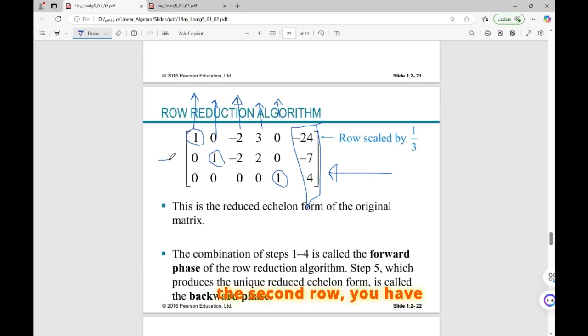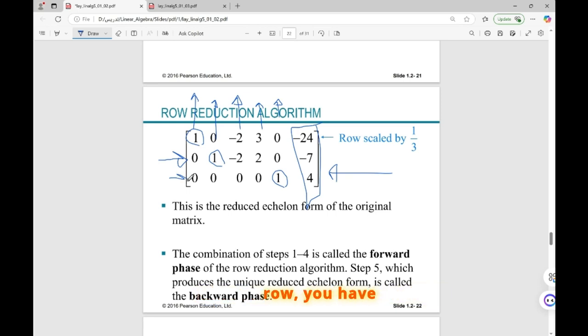And also for the second row, you have x2 minus 2 times x3 plus 2 times x4 equals minus 7.